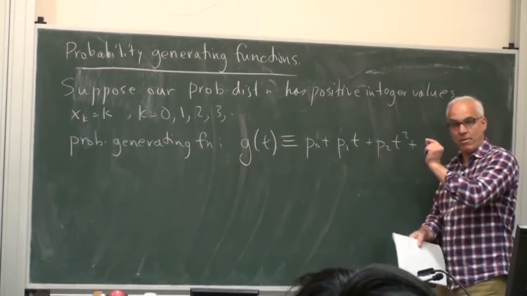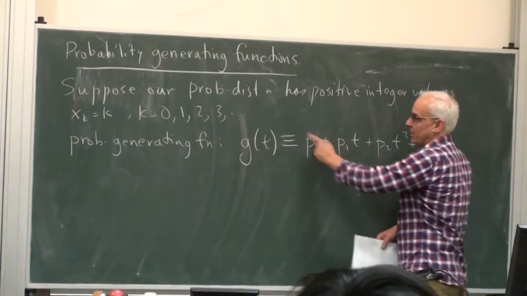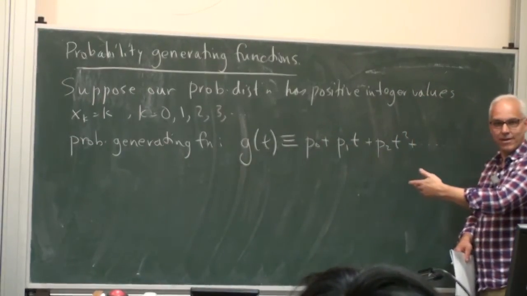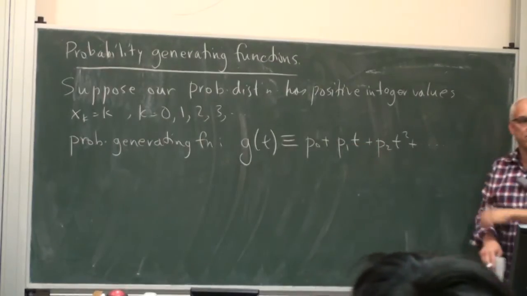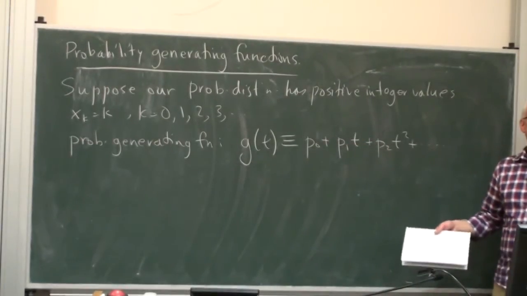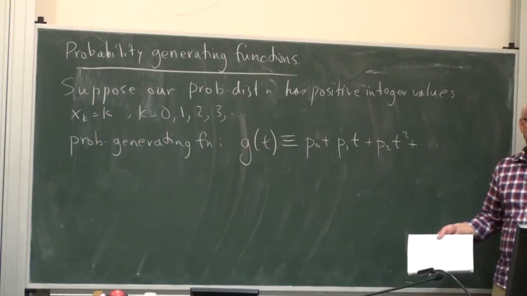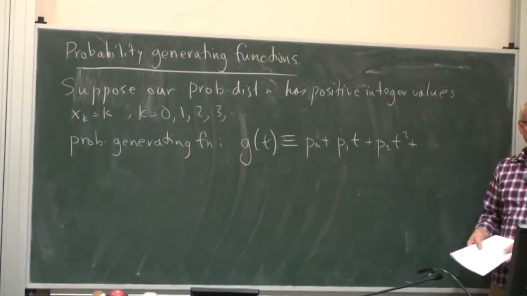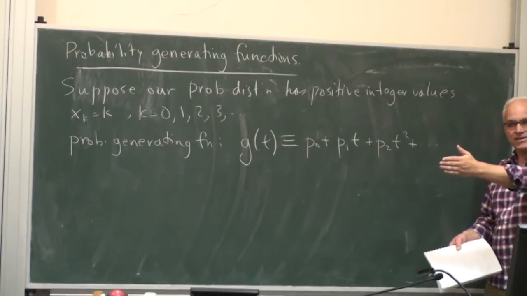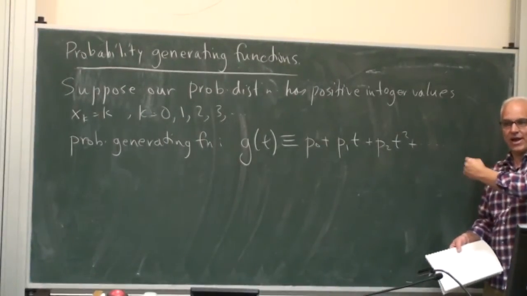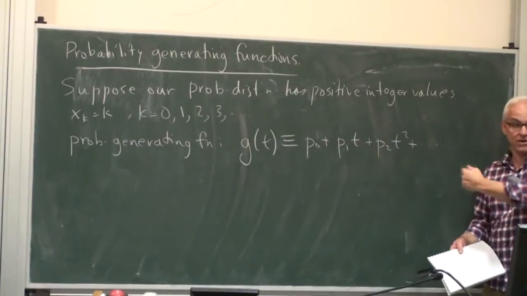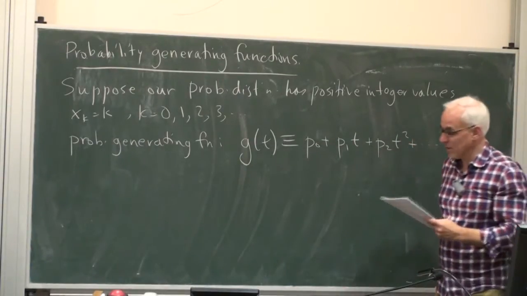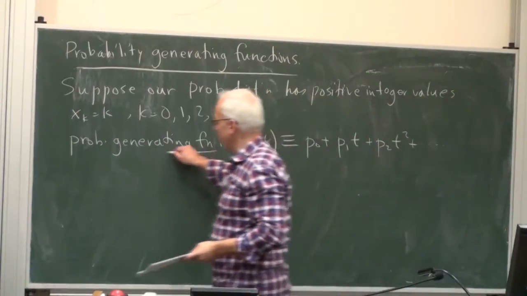So we have these various probabilities. p0 is the probability of getting 0. p1 is the probability of getting 1, and so on. And we're going to put them all together in a polynomial or a power series. We're going to introduce this dummy variable t, which just allows us to string this data together as coefficients of this series. And we're going to call this thing g of t, and we're going to call that the probability generating function.